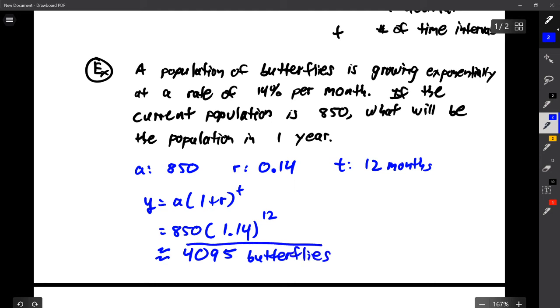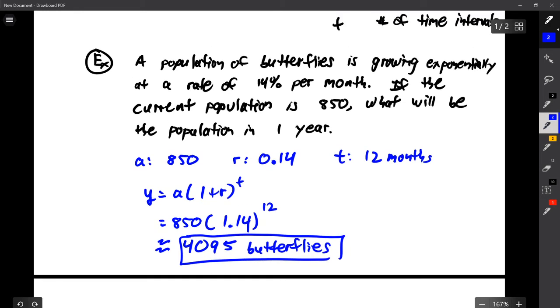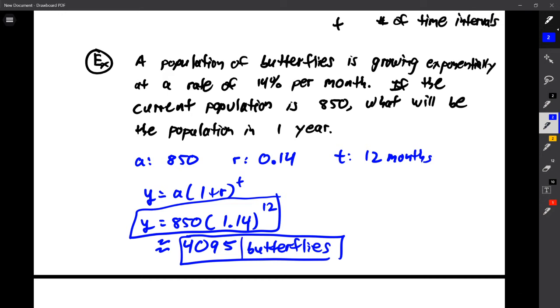Okay? So that's my answer. Now your homework has like, part A, write the equation for this situation. That would be like this. Part B, solve the equation. That would be my 4,095. Part C, write the answer in a sentence.